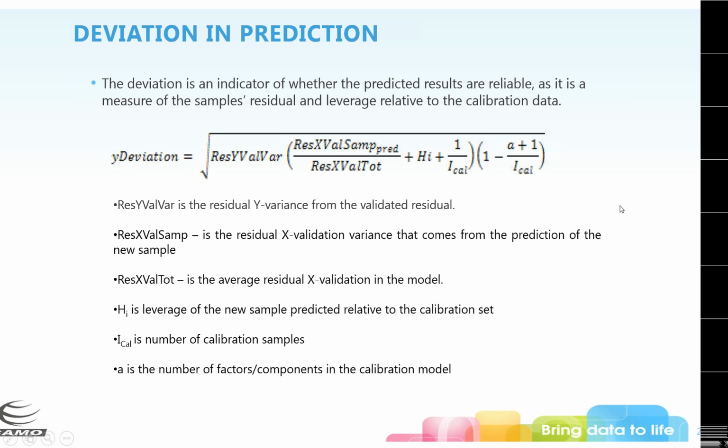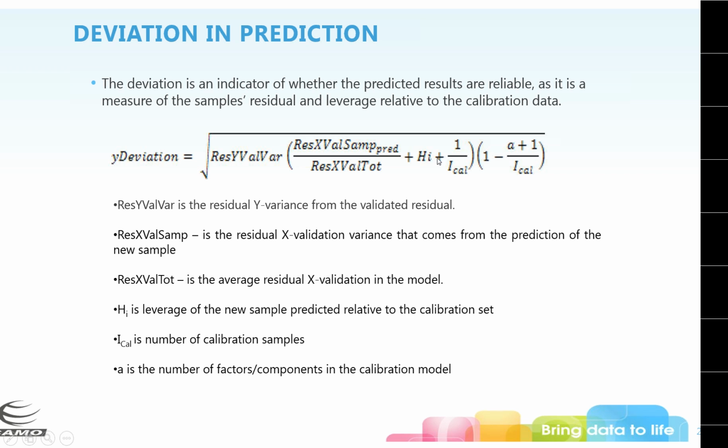This is how we calculate that deviation in prediction. So you have your residual Y variance from your validated residual. You've got your sample variance, so that's your X validation variance that comes from the prediction of the new sample. Divide that by your average residual of the model from your calibration.